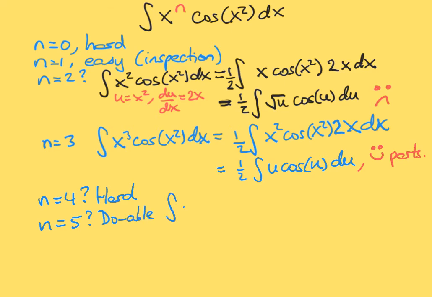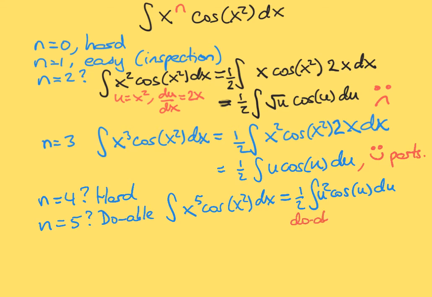But the integral for n equals 5, the integral of x to the 5th times the cosine of x squared with respect to x, using our variable u is x squared, is going to be 1/2 the integral u squared times the cosine of u integrated with respect to u, and that is indeed doable, but we are going to need to use parts, integration by parts, twice.